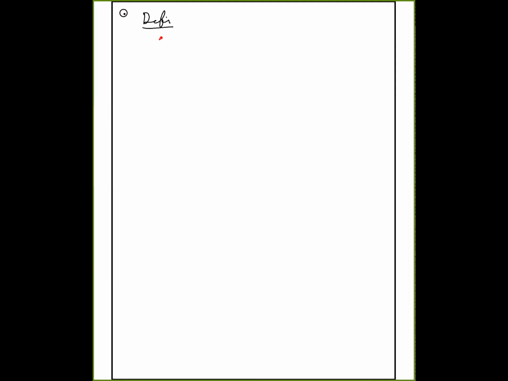I'm going to make this definition and say that two sets of axes X and Y, I'm going to call these equivalent if their closures are equal. And I'm going to write X tilde Y.